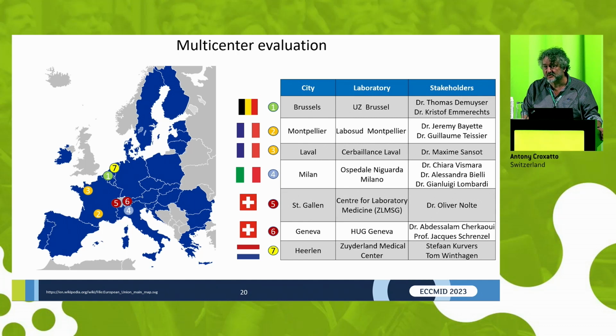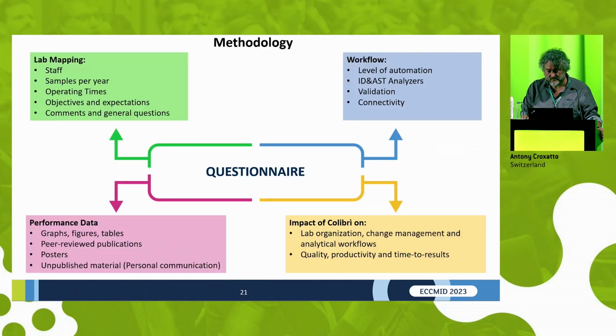We can see that these 7 labs involved in this evaluation are from 5 different European countries. The methodology I used to make this evaluation was to send a questionnaire to these labs addressing many aspects such as lab mapping, staff, volumes, and as well the objectives and expectations they had by acquiring the Colibri, trying to better understand the workflow in terms of level of automation, ID/AST systems they had, and the performance data they obtained during the evaluation and validation of the Colibri in the different labs.